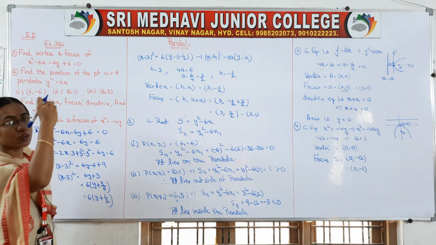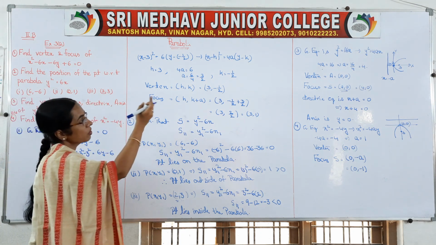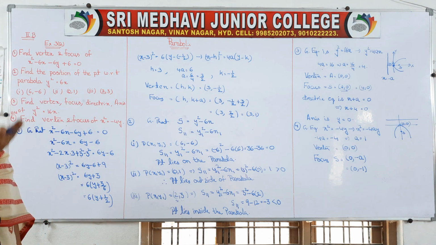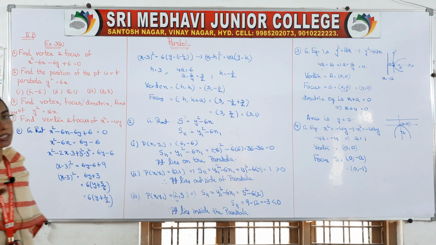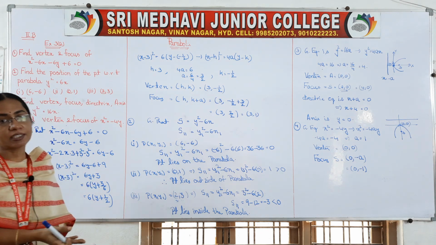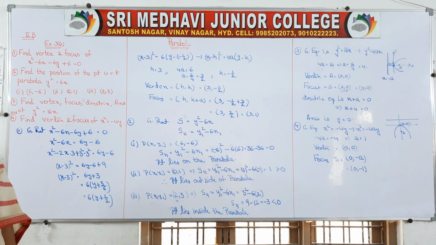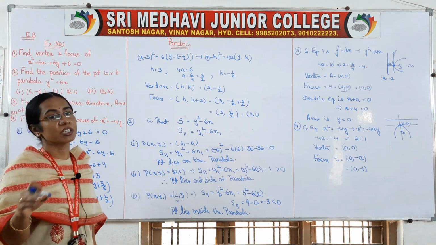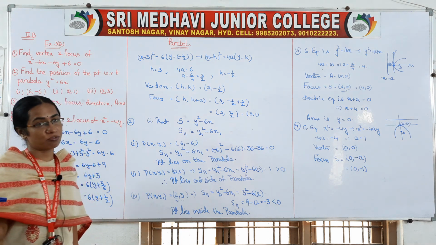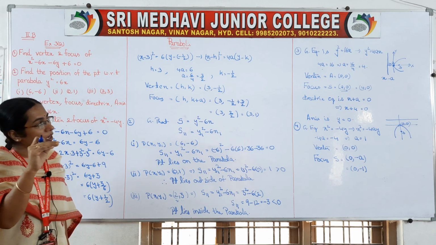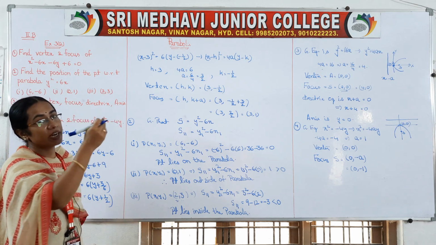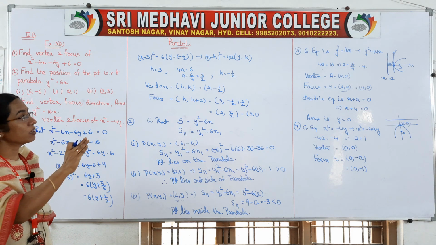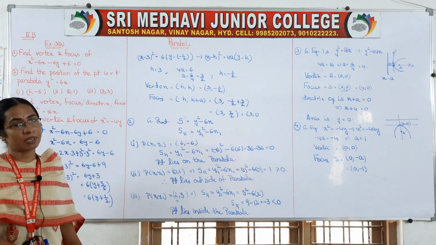With that you will know your a value, h value, k value. Once we get these 3 values, we can write all the formulas: vertex, focus, directrix, axis. In all the 8 forms, this is the procedure. First of all, convert the given equation into any one of the 8 forms. After that, find your h value, k value, a value, and just substitute in the formulas.